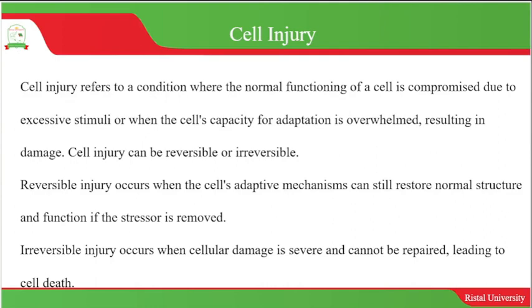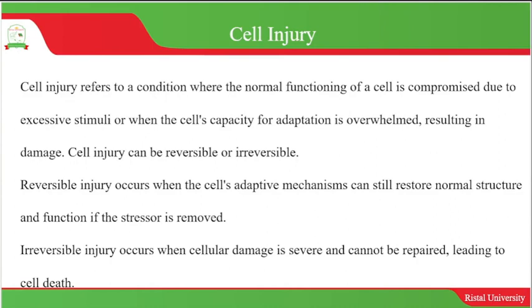So, in case these cells encounter the stressors, there are some mechanisms. If these stressors are removed, the cell undergoes a series of events, and those events, we call them mechanisms, through which a cell adapts to what has happened in order to restore its normal and original state.